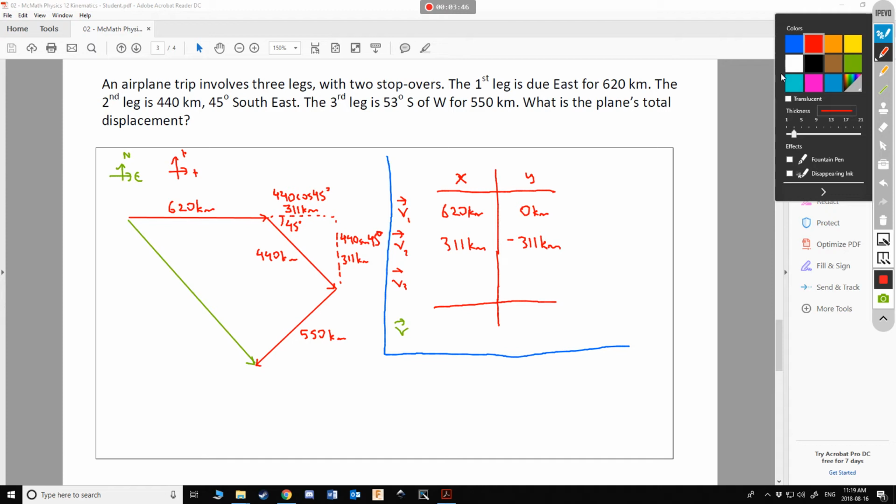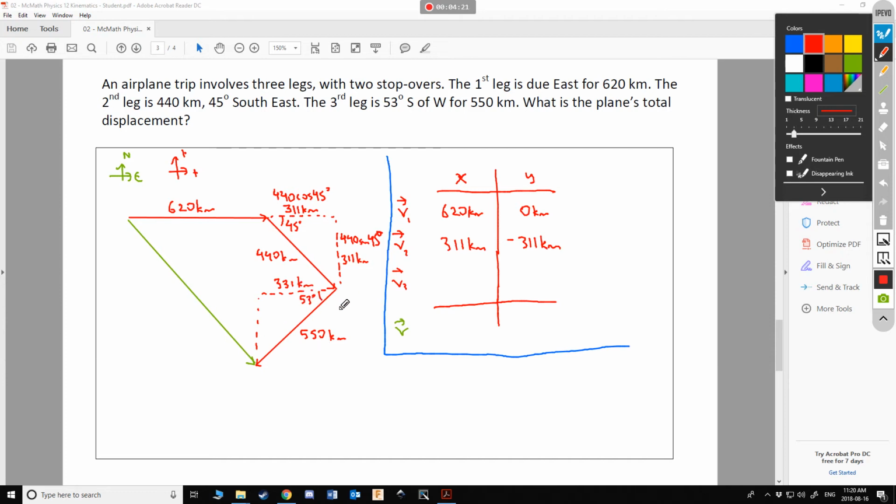Now for our final vector V3, and it has an x component and a y component. So this one's going to be right here. This is 550 cos 53, because we're given this angle right here is 53 degrees south of west. So 550 cos 53. And we get 331 kilometers.